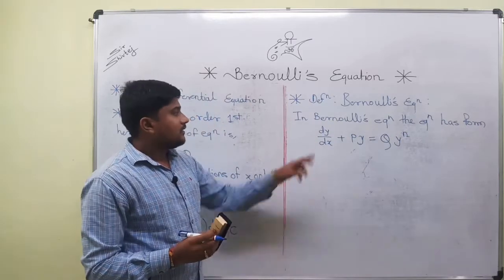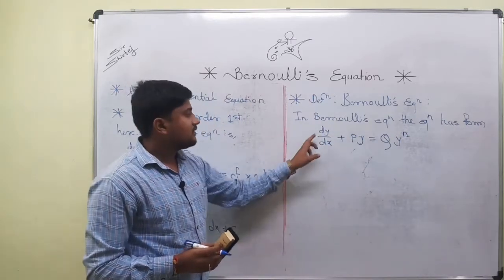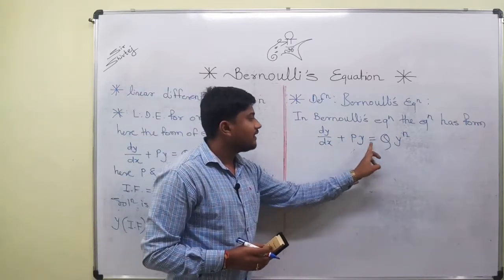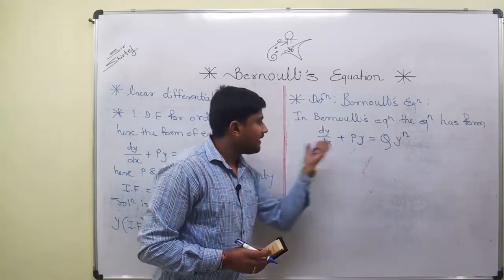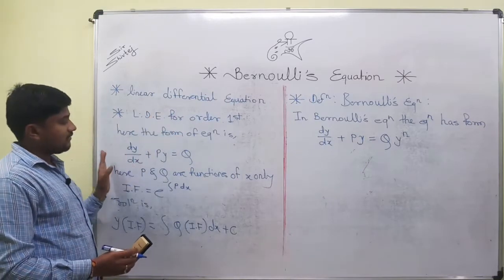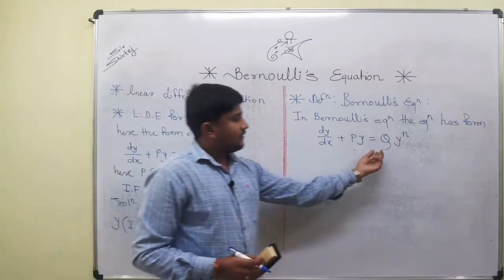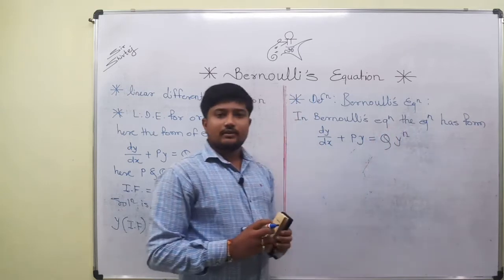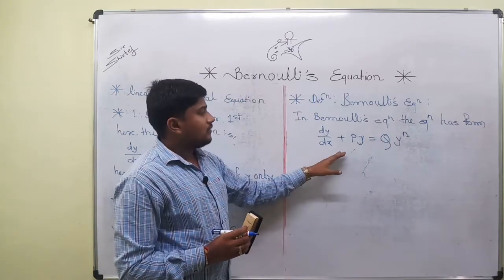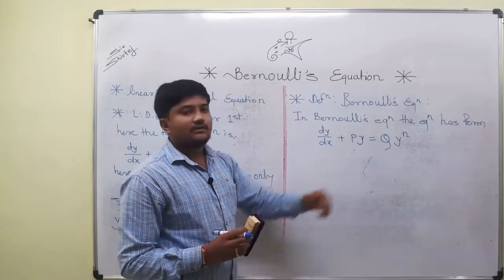The form of Bernoulli's equation is dy by dx plus Py is equal to Q into y raised to n. It is exactly like the linear differential equation in first order, but here the extra term is y raised to n.